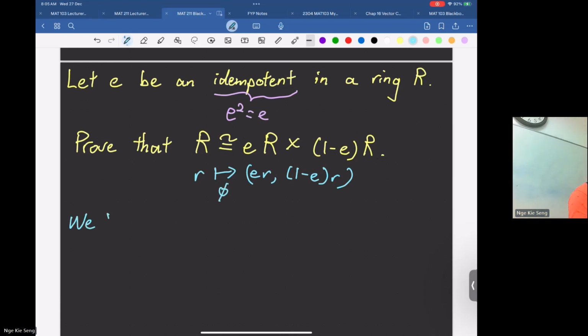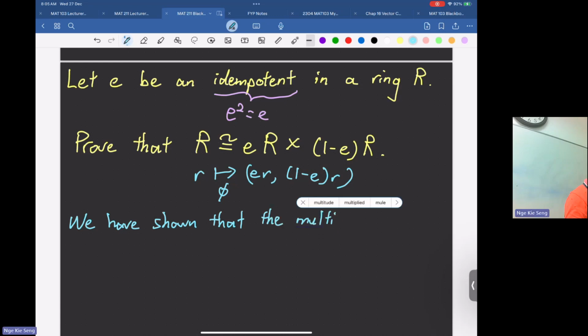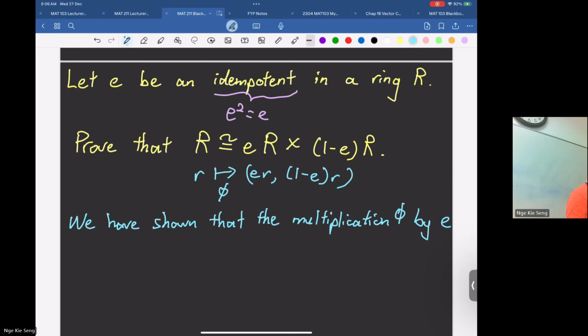And we have shown that the phi map is a ring homomorphism.